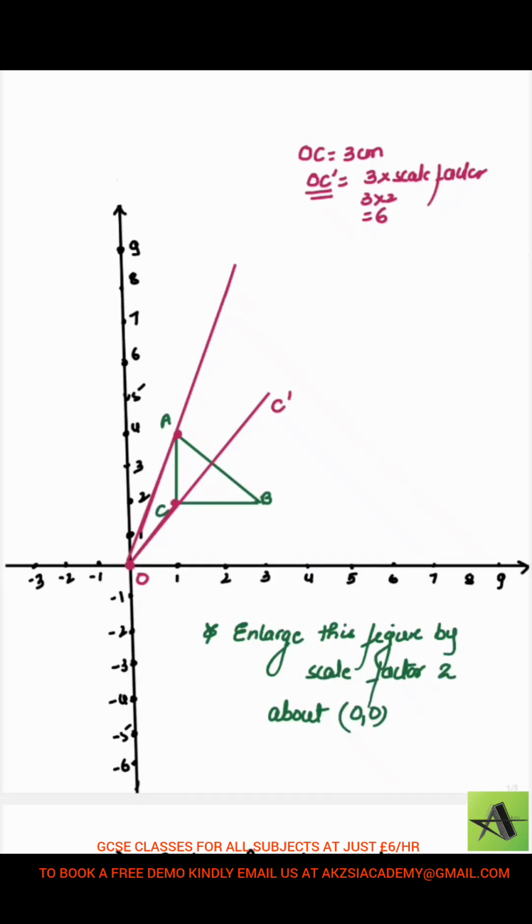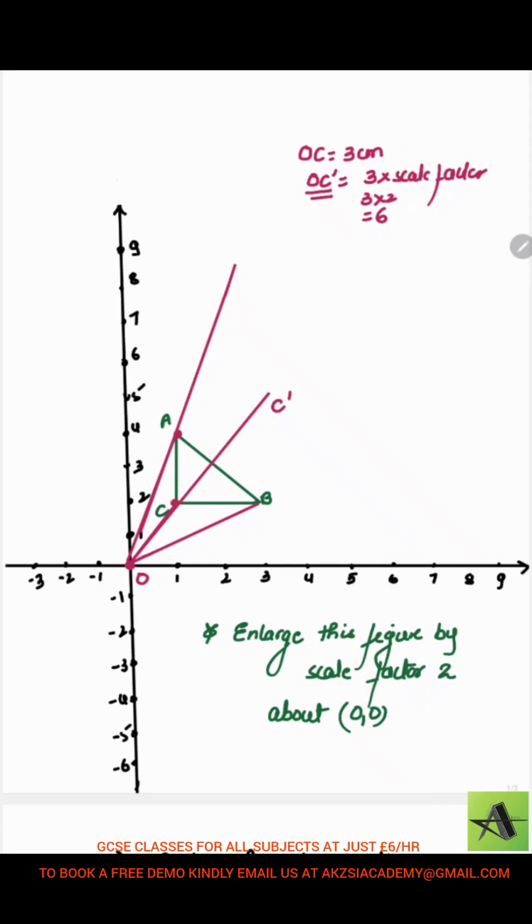Now I'll do it for the third point as well. Same, locate the center of enlargement and join with the point. So I'm joining these two points. I'll measure this length and multiply it with the scale factor.